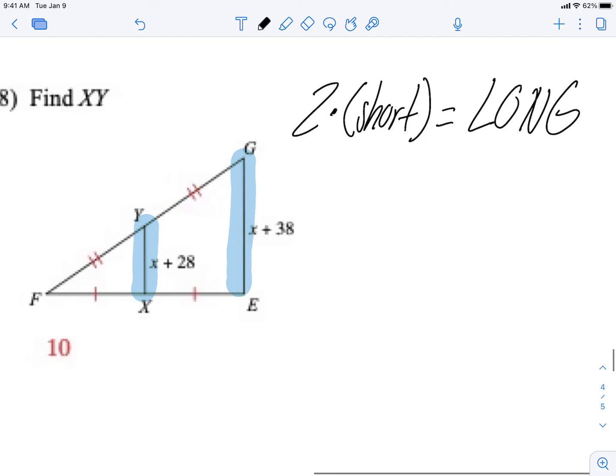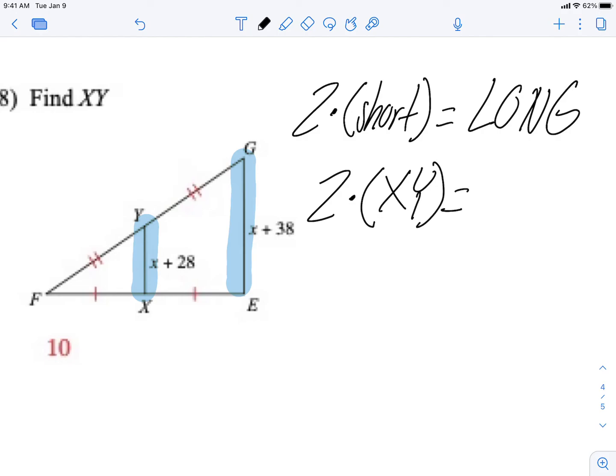And what segment is the short segment here? The short segment is xy. So this is going to be 2 times xy is equal to the long segment, which is EG.